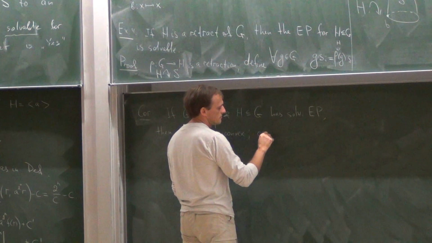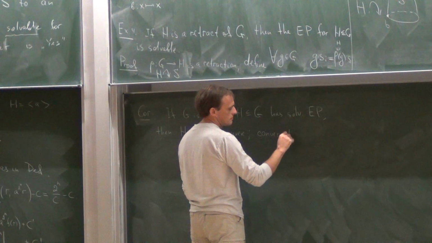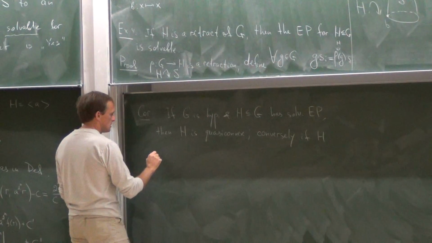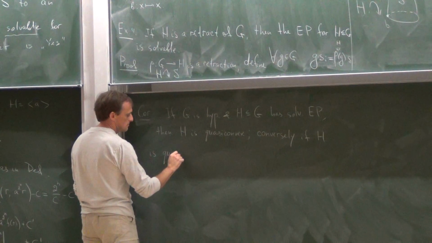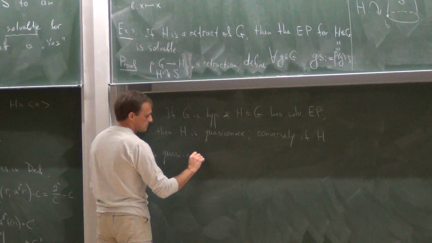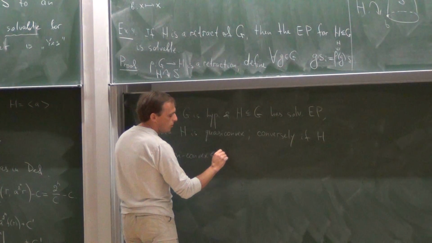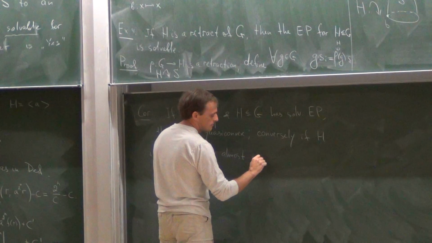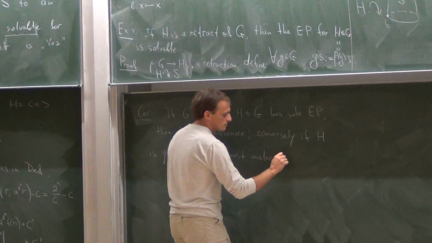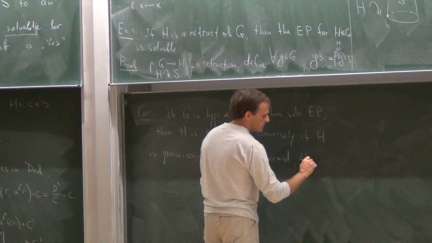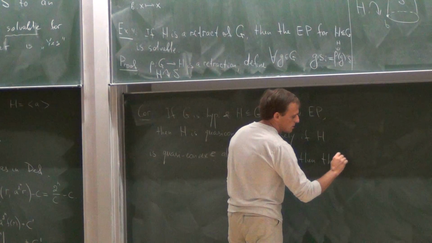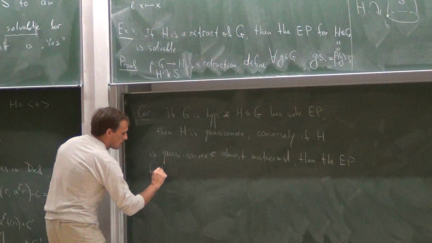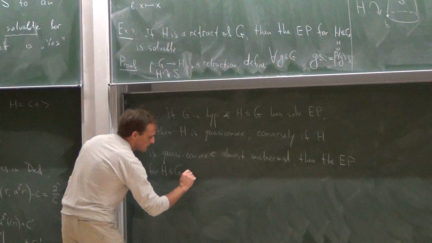Conversely, if H is quasi-convex and almost malnormal, then the extension problem for H inside G is solvable.